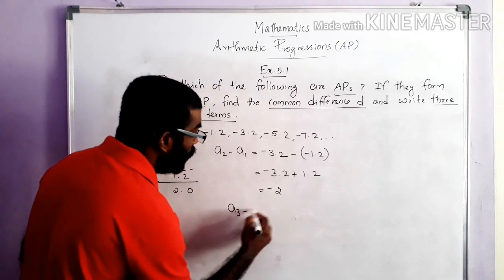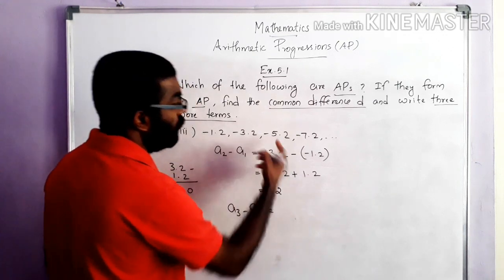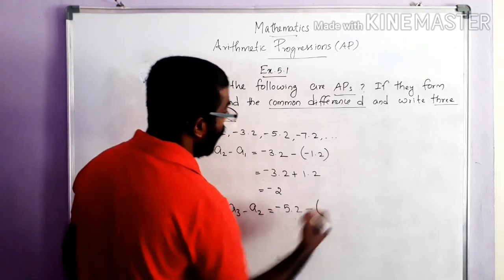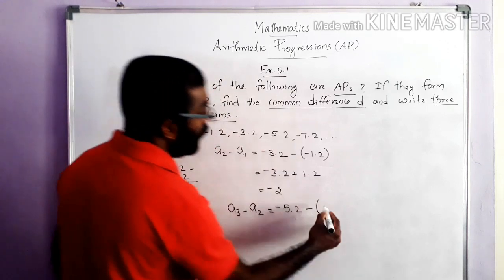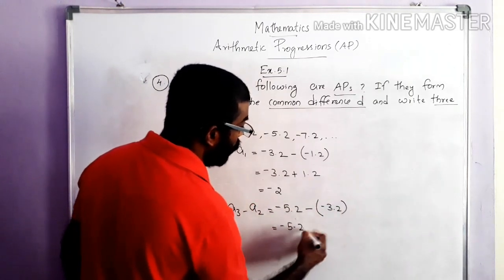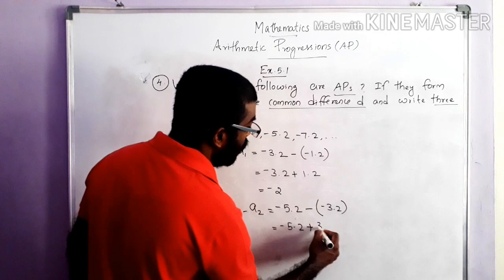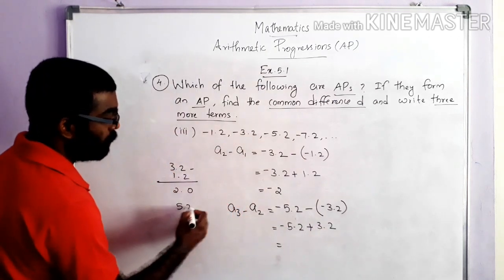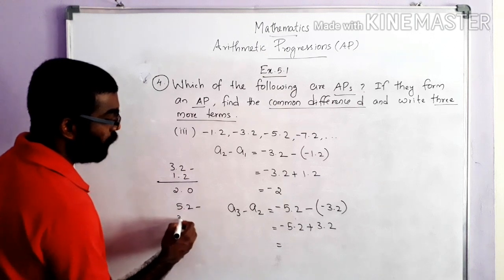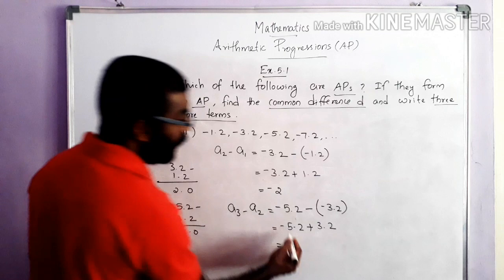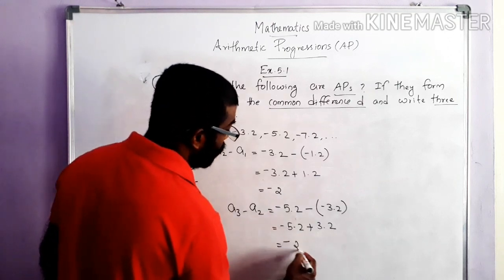Now A3 minus A2 is equal to, third term is minus 5.2, then minus, put a bracket, second term is minus 3.2. So minus 5.2, minus into minus plus 3.2. That means we want to subtract 3.2 from 5.2, which is also equal to 2, and sign of large number is minus, that is minus 2.